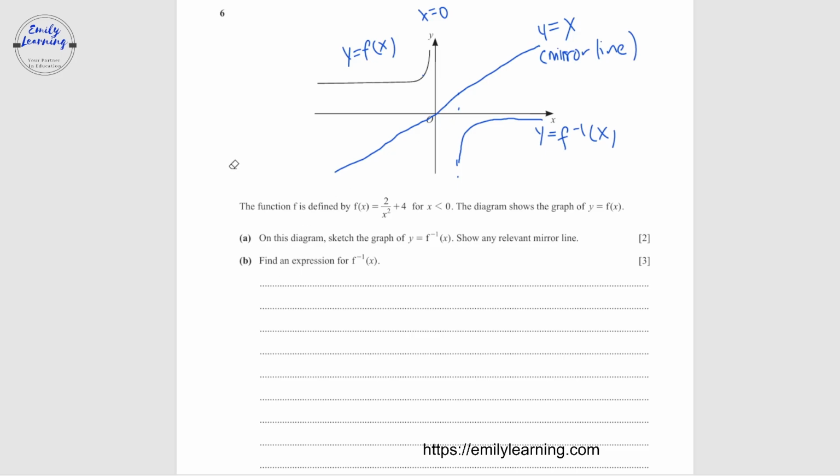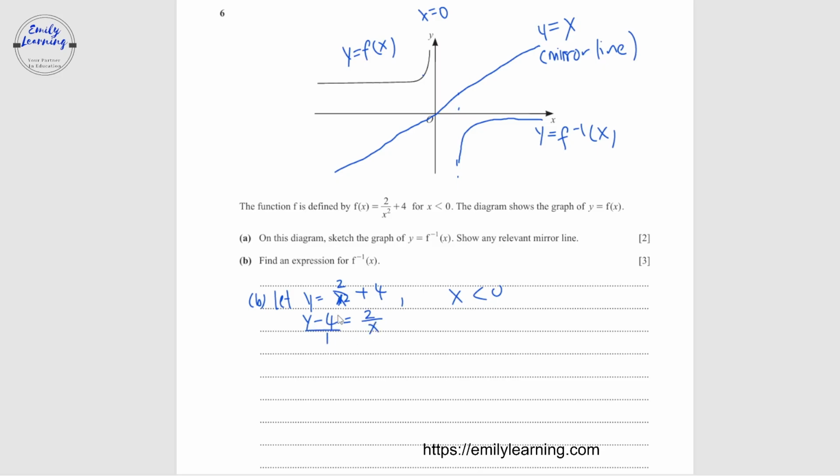Next, find an expression for f inverse x. So let's find an expression for f inverse x. So we let y be equals to 2 over x squared plus 4, and we know that x is lesser than 0. So to find f inverse x, we will make x the subject, right? So we will bring everything without x over. So I know that y minus 4 is equals to 2 over x squared.